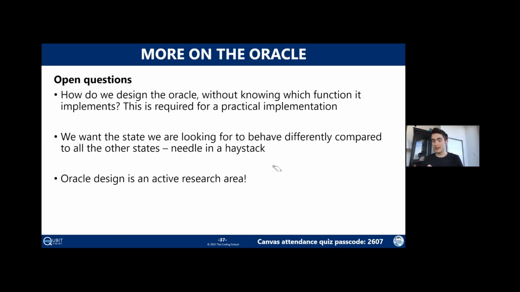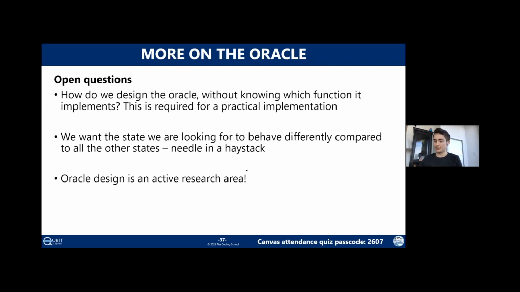They just have to treat the thing you're looking for a little bit differently, right? So for example, in Grover search, we saw it put a negative sign. It didn't solve our problem directly, but it treated that one element a little bit differently. And that's generally what oracles do. They introduce some kind of differentiation between the thing you're looking for and the things you aren't. And then you use other parts of the algorithm to extract that answer.